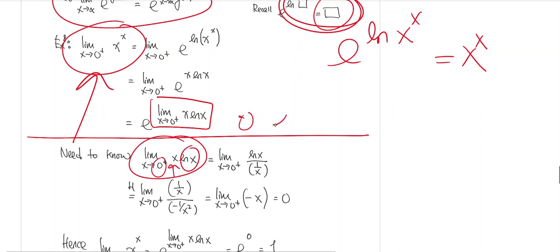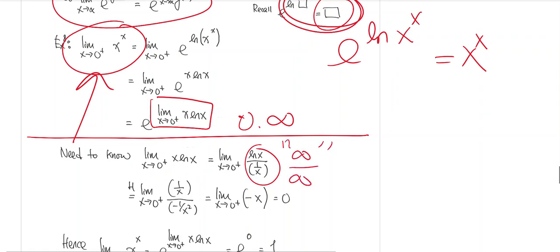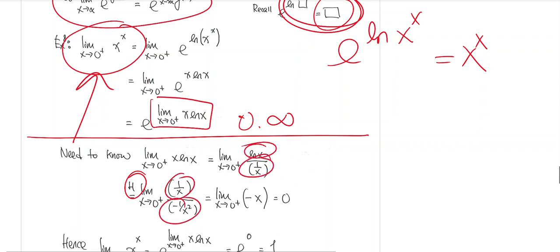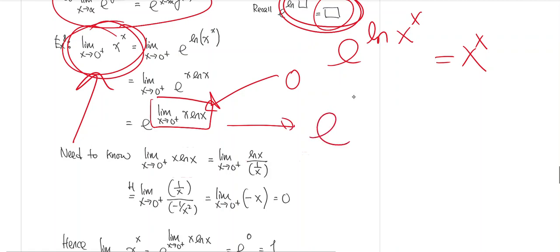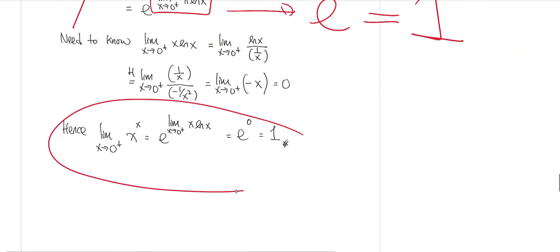So it's a 0 times infinity type of problem, and you know how to deal with it by changing it into infinity over infinity type of questions. And then this allows you to use L'Hopital, which gives you the derivative of this is this, derivative of this is this, which gives you 0, which means that we know what this limit is. The limit is 0. So this thing here will be e to the power of 0, which is 1.